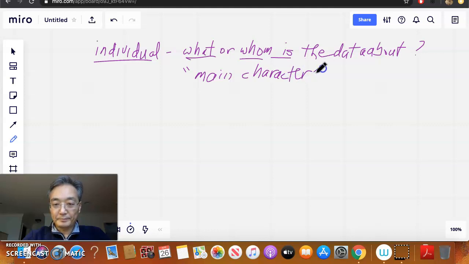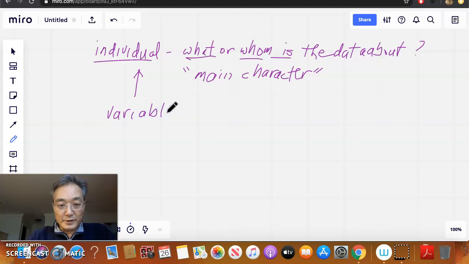Now, we have what are called variables. And these variables are the characteristics of the data. Okay, the variables, they are the characteristics.